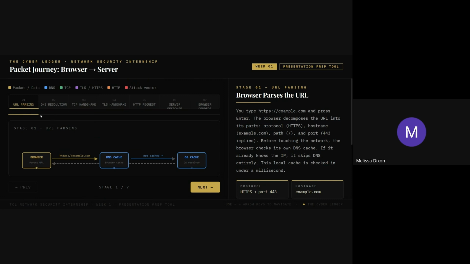So we have URL parsing. I'll just read this over to you guys and you can see the flow of it. From your browser, let's say you're shopping at Walmart or something, your browser goes to the DNS cache, so the browser cache basically, and to the resolver.